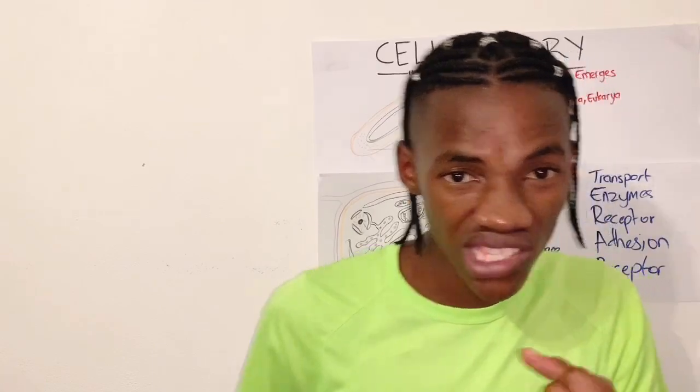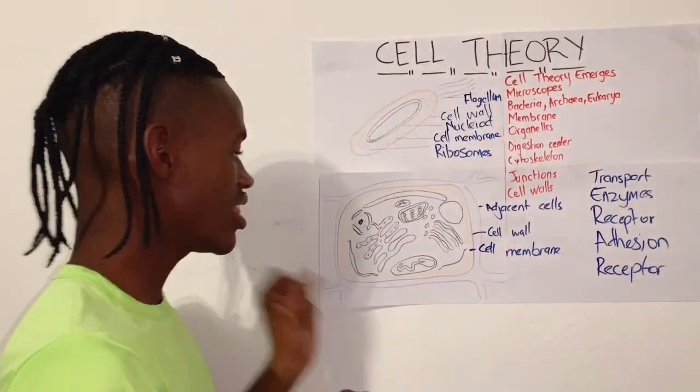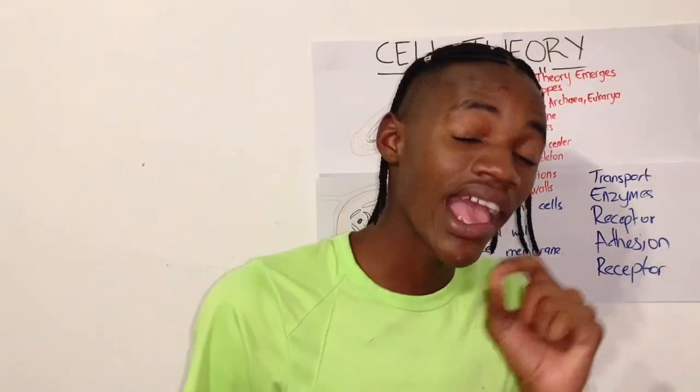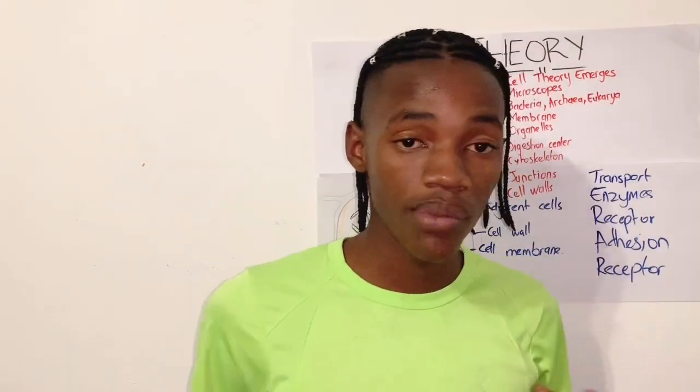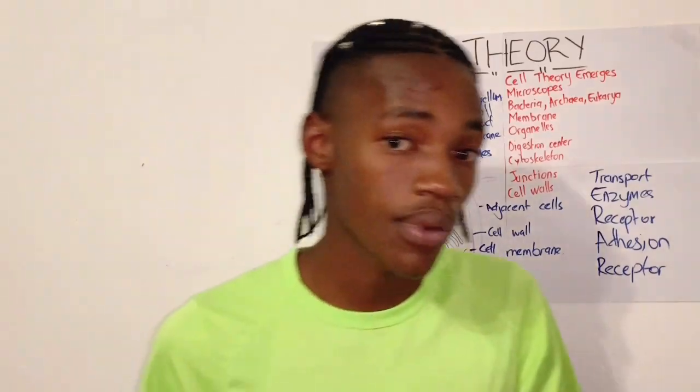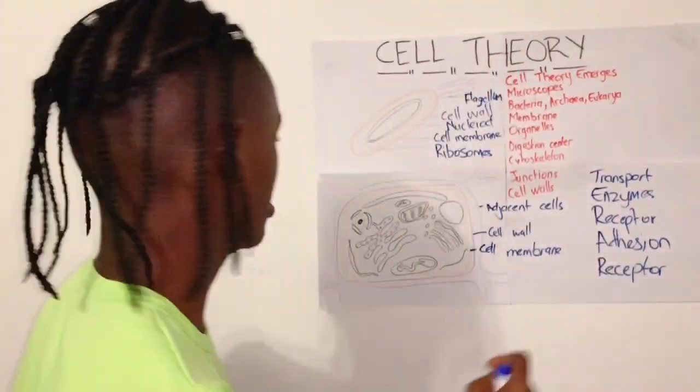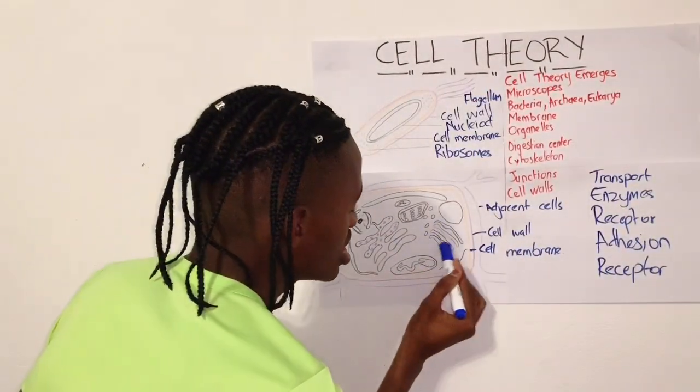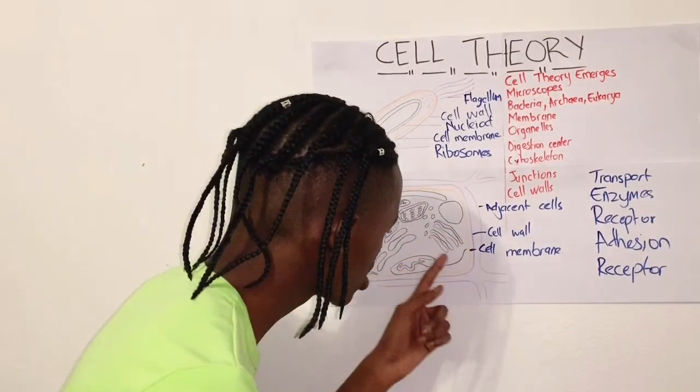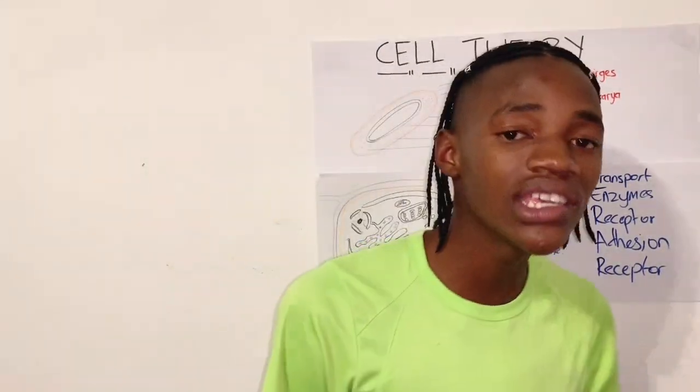Then it detoxifies toxins. And then, like I said, the rough one has those ribosomes, and the ribosomes make proteins, okay? And then when we go on, you can see this structure. This structure is called the Golgi Apparatus.